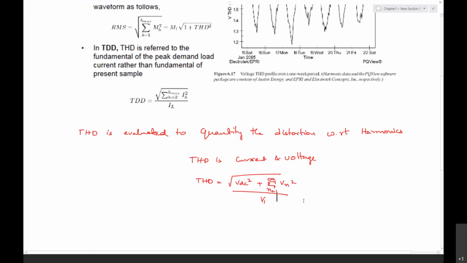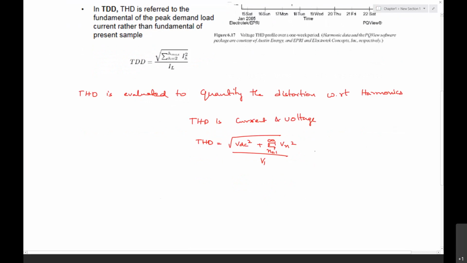The numerator is the harmonic, and the denominator is the fundamental value. With respect to the fundamental, how much is the harmonic content? This is given with respect to the voltage. We can evaluate it for the current also.